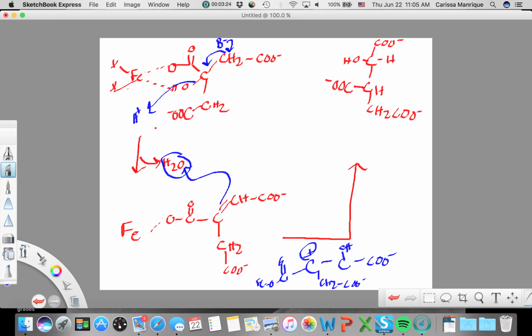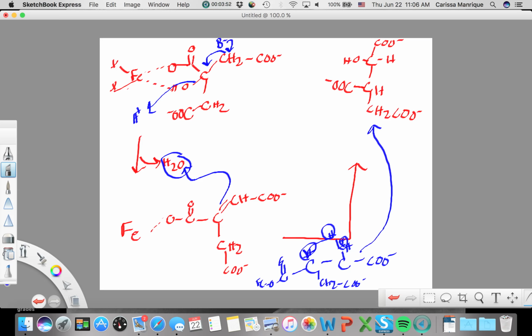So there's a plus charge here and an extra hydrogen. Here's our water on there, and this hydrogen is going to move over here to stabilize that, to put a bond there. When we do that, you have this final structure right here.